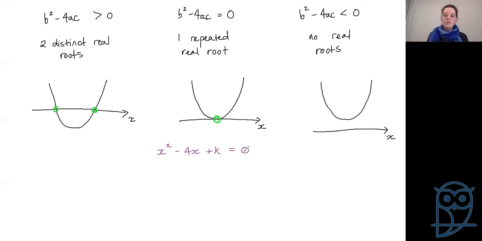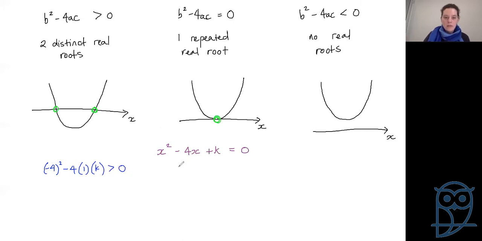But what we're going to do here is just understand this. If this equation had two roots, then we would be saying that b squared minus 4ac, where a is 1, b is minus 4 and c is k, is greater than 0.